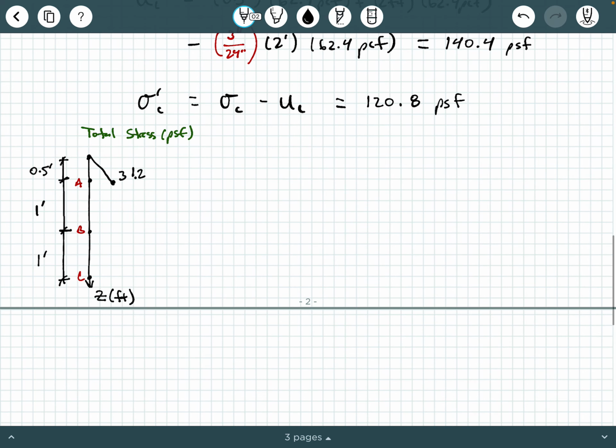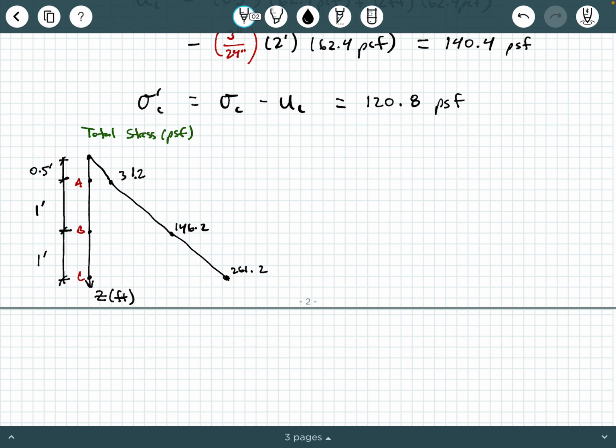How about we just redo that segment? That's a little better. So this is 146.2 and 261.2. And then that's the total stress plot.